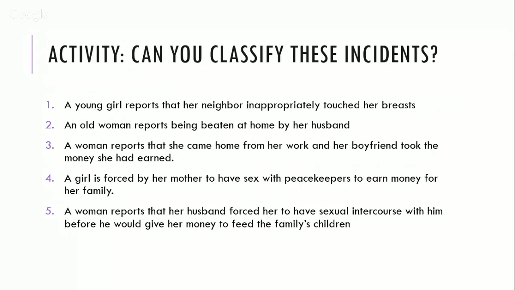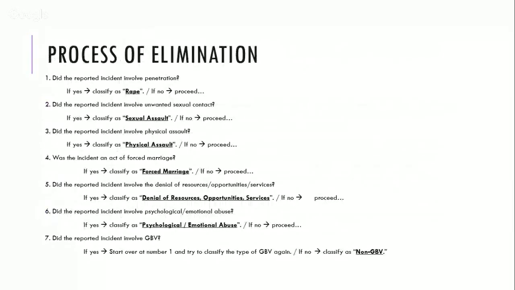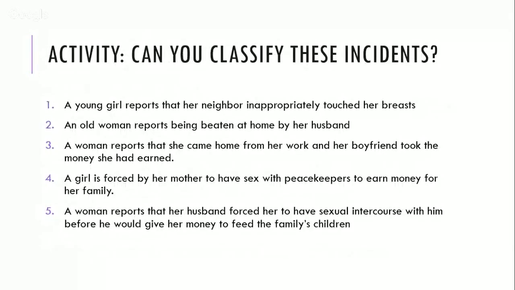So thinking about that question, let's go back to our previous slide. Did that incident involve penetration? No. Did the incident involve unwanted sexual contact? Yes. So we'd stop and classify that first one as sexual assault.